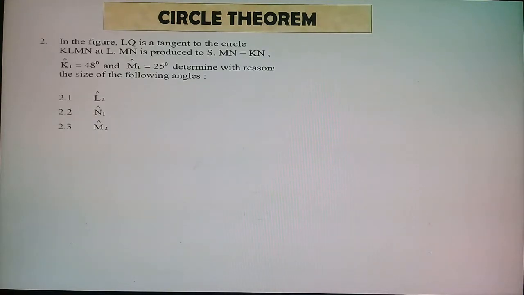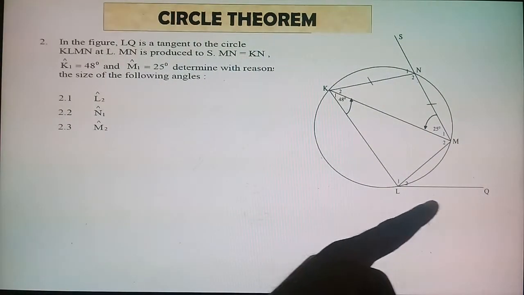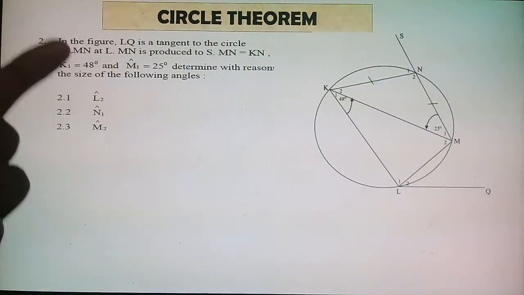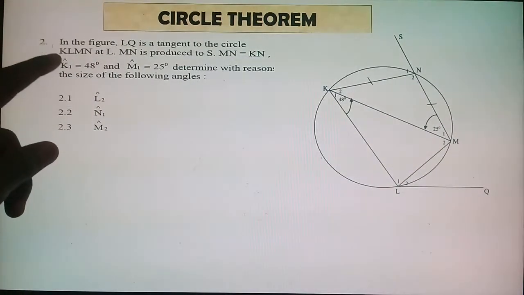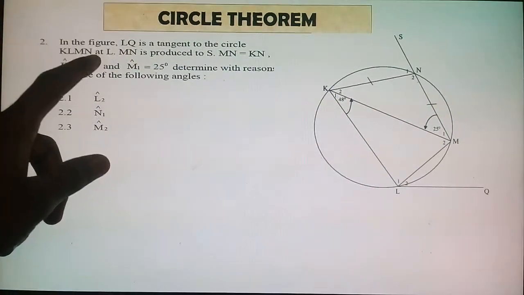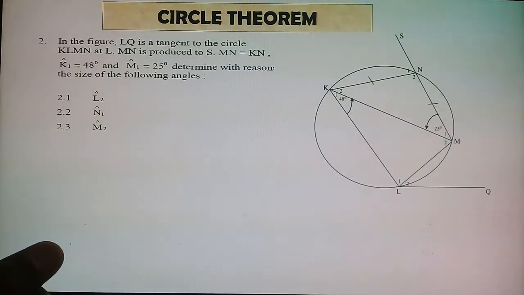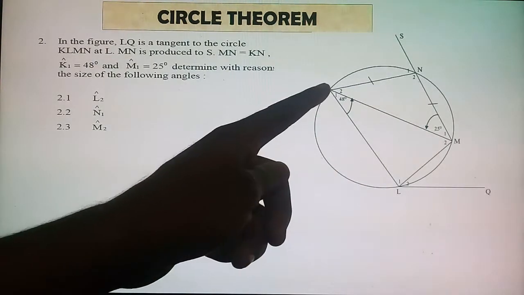Okay, here's a lesson on circle theorems. Here is the first problem. We're going to do examples on how to solve for angles in Euclidean geometry. We are given a figure, in which LQ is a tangent to a circle KLMN at L, and KM is produced to meet S, and MN is equal to KN.